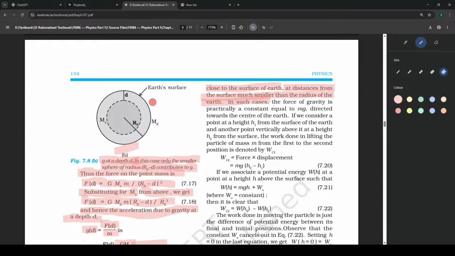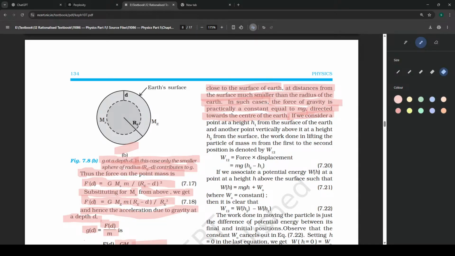The force of gravity is practically a constant equal to mg, directed towards the center of the Earth.